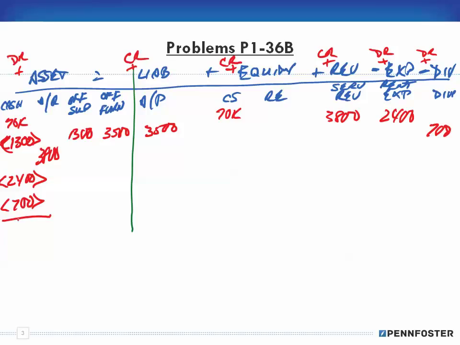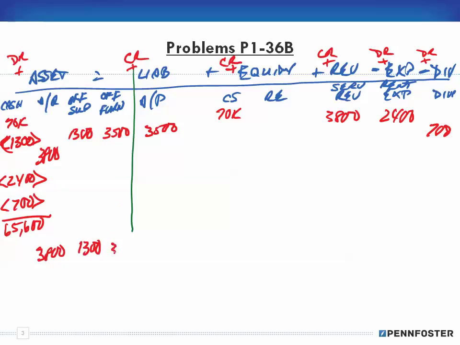So for my cash, I have 70,000 less 1,300, less 2,400, less 700. So that gives me a balance of $65,600. For my accounts receivable, I have 3,800. For my office supplies, I have 1,300.